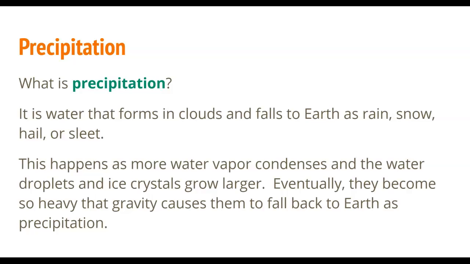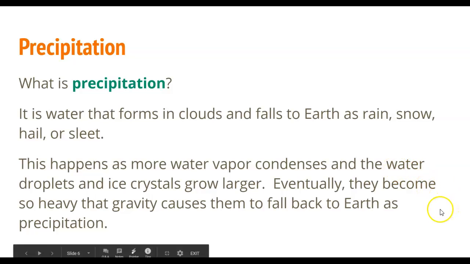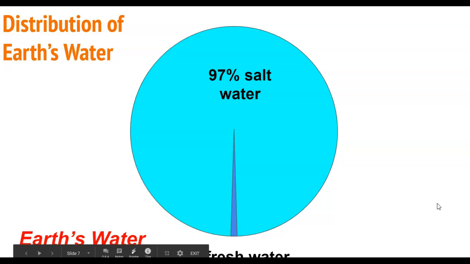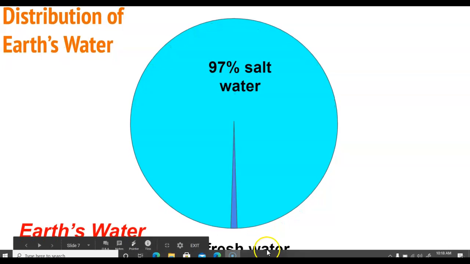Eventually, they become so heavy that gravity causes them to fall back to Earth as precipitation. This is very important to understand. Let's make sure you see all that.